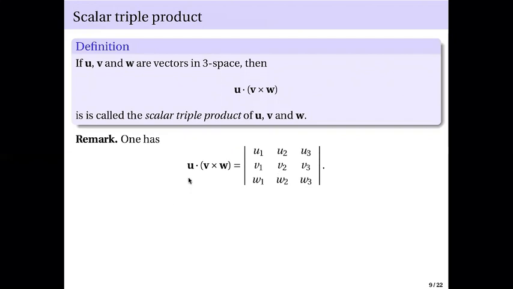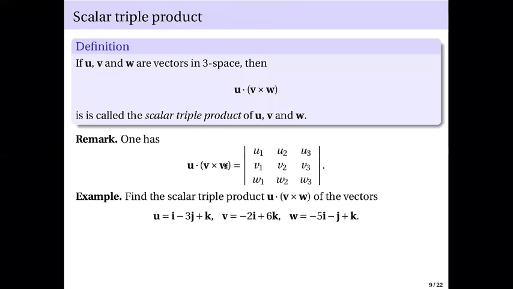The first row is the components of the first factor in the dot product, u. The second row is for the second factor, v. The third row is for your third factor, w. So we can calculate this easily using this determinant.